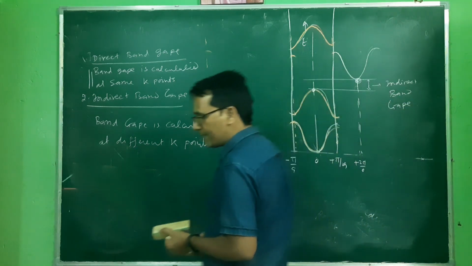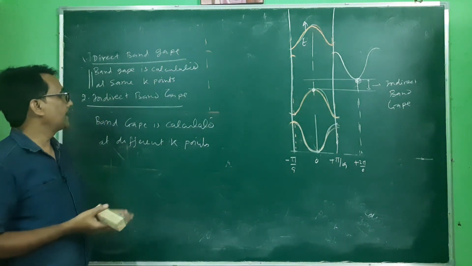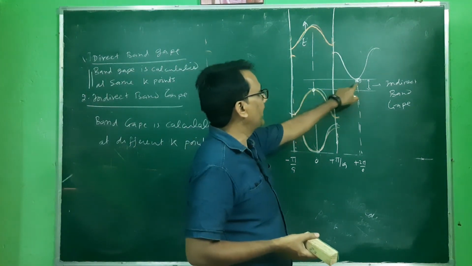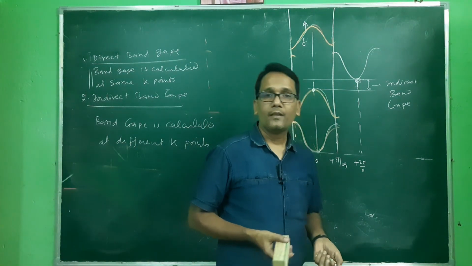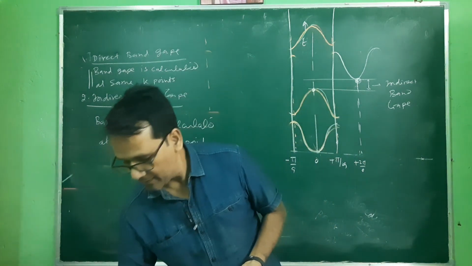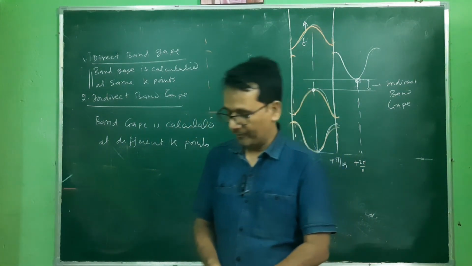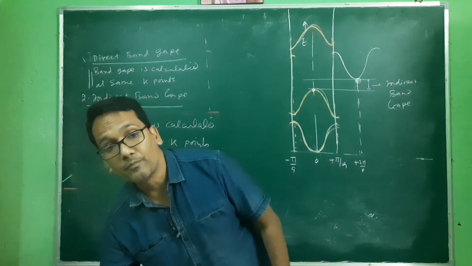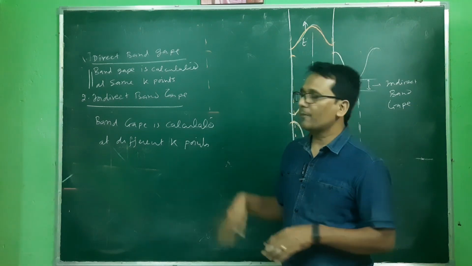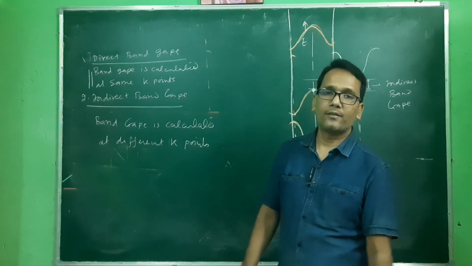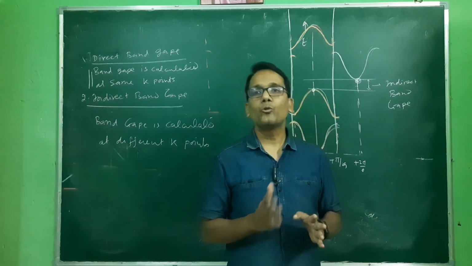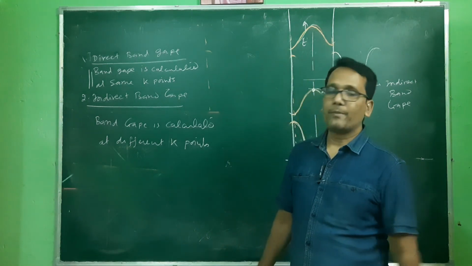At the zeta point, if we take the band gap, that is the direct band gap, and when we calculate the band gap at different K points, this is known as an indirect band gap material. There are several materials which show indirect band gap, and there are a number of materials where the direct band gap is good enough to use the material for any specific semiconducting device.